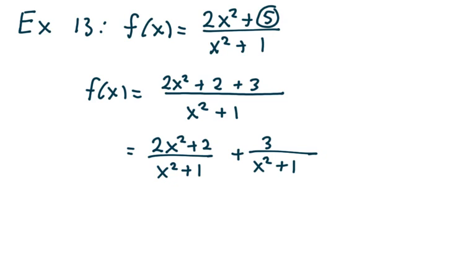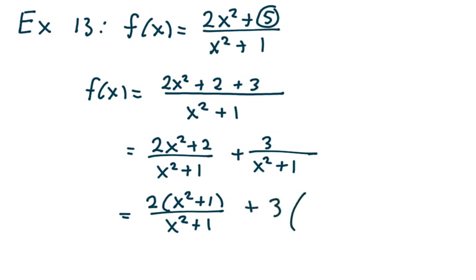Okay? Now, factor a 2 out of the numerator for the first term. And then I'm going to write this as 3 times 1 over x squared plus 1. But if you notice, the x squared plus 1's cancel.